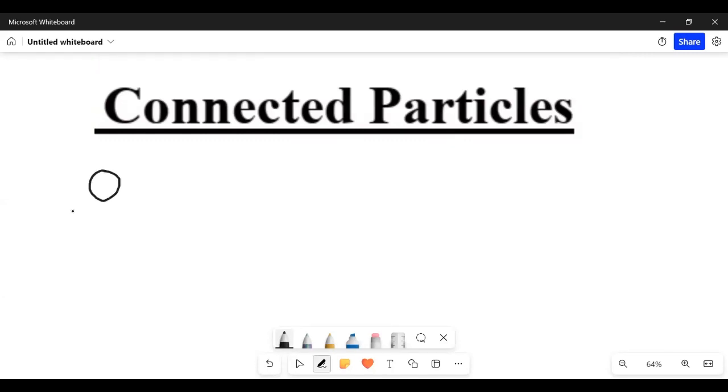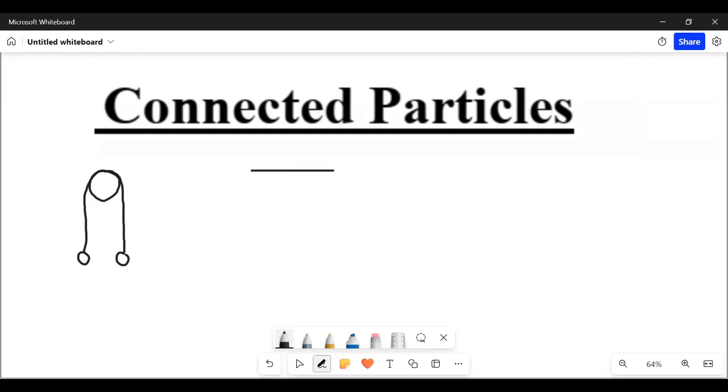Here's a pulley type structure, here's a string passing through it, and then there are two particles connected to both ends of the string. This is a connected particle system, or it could look like this. Here's a horizontal surface, here's the pulley, here's the thread, and here are the two connected particles.